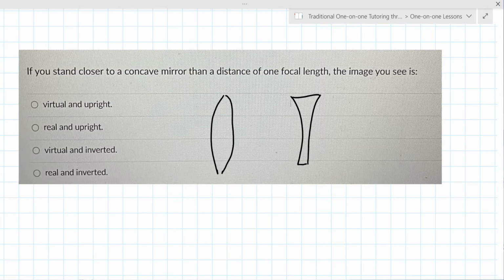Now, in terms of the answer here, I need to look up what a concave mirror does.